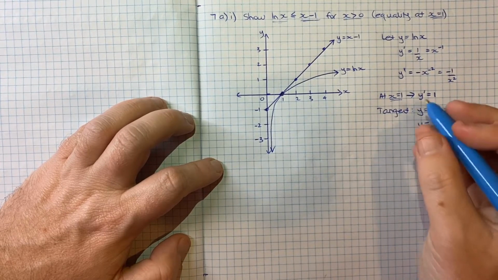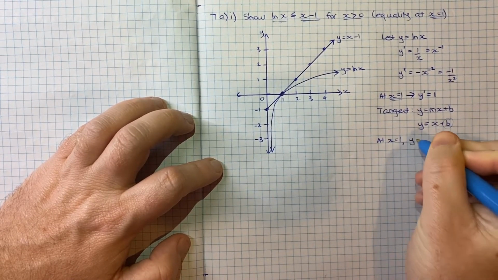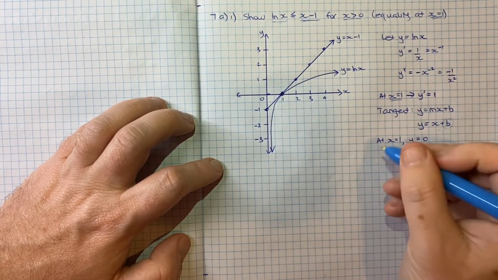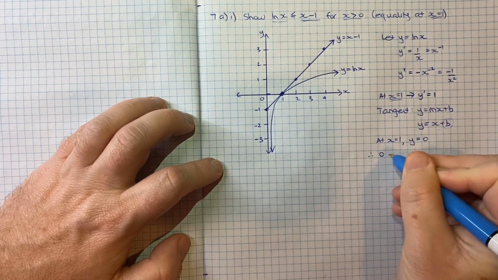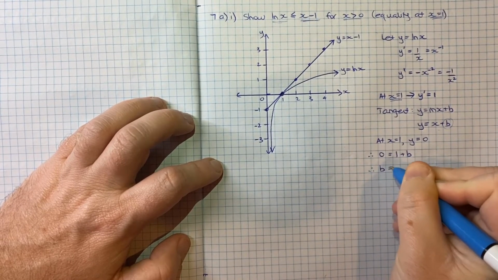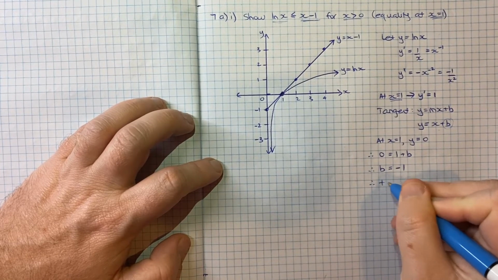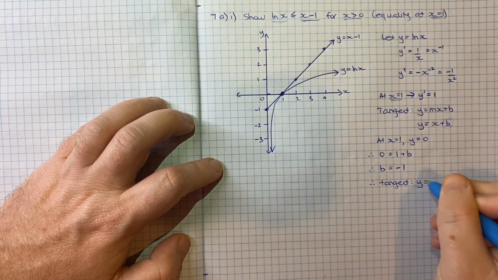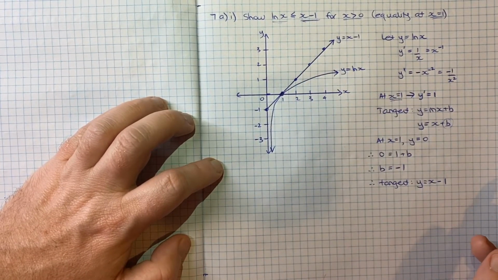We know that at x is equal to 1, y is equal to the log of 1, or 0. And so therefore we can say that 0 would equal 1 plus b. So that means our b will be -1. And so therefore our tangent line has the form y is equal to x minus 1, exactly what we're anticipating.